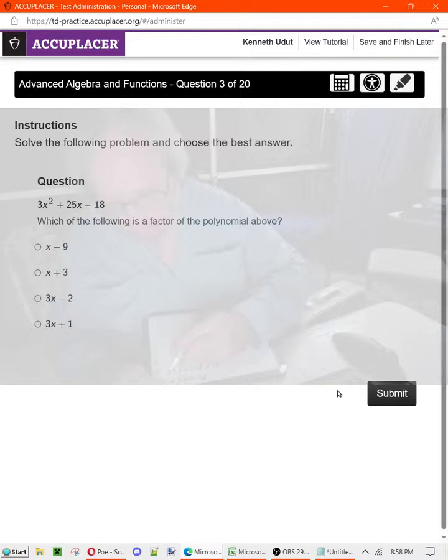So x equals 2, 2 squared is 4. 3 times 4 is 12, plus 25 times 2 is 50, minus 18 equals, yeah, this is a rabbit trail. 62 minus 18 is 52, minus 8 is 44. This is going no place. Yeah, this is a mistake.